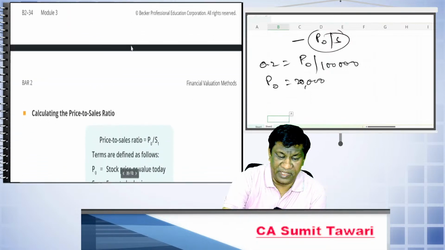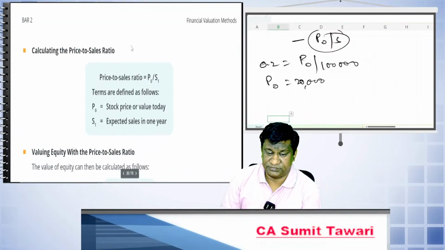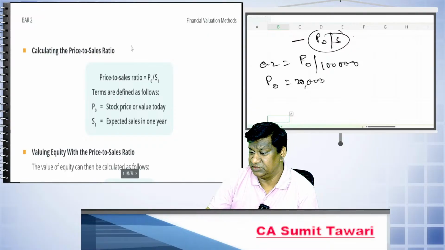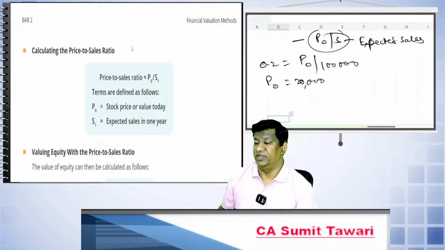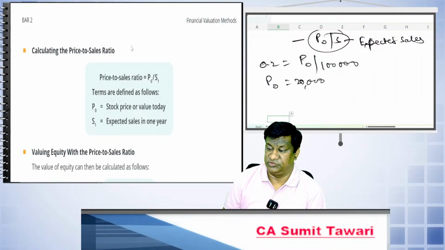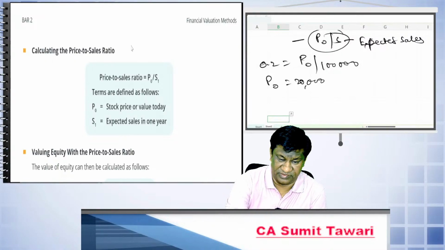So you are comparing with your expected sales. Okay, so whenever you are calculating today's price, you need to consider all the determining factors, which are the expected ones. Okay, that you need to keep in mind.